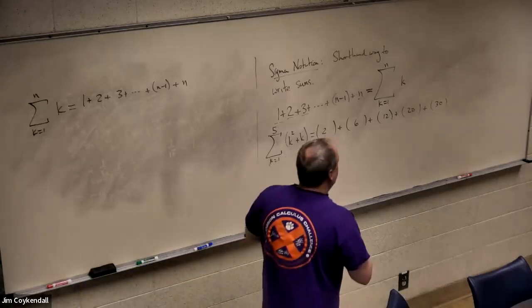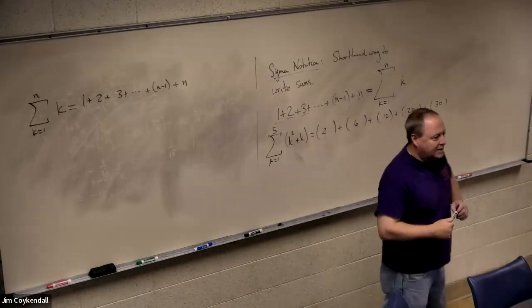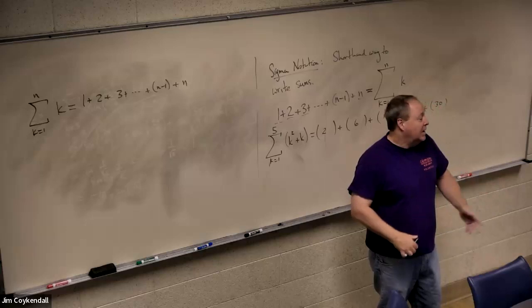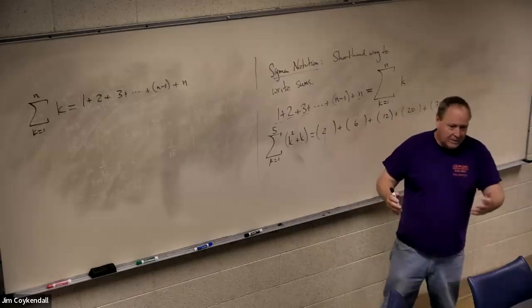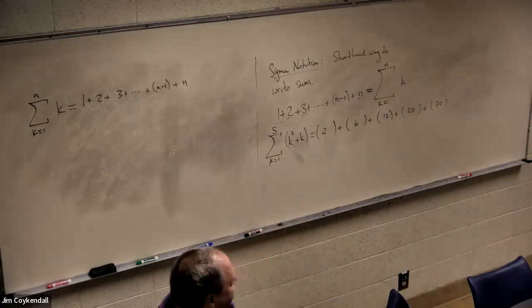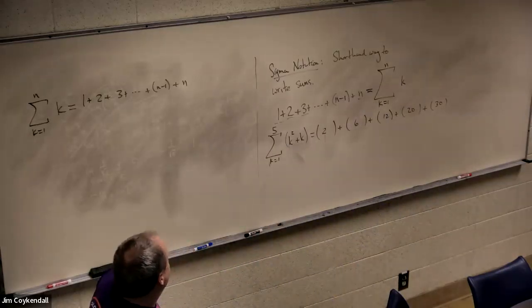Actually, there's a very famous story. How many of you have ever heard of Gauss? He's one of the most famous mathematicians of all time. You'll hear about this person when you get to calculus, but there are a lot of laws in physics and math named after him.